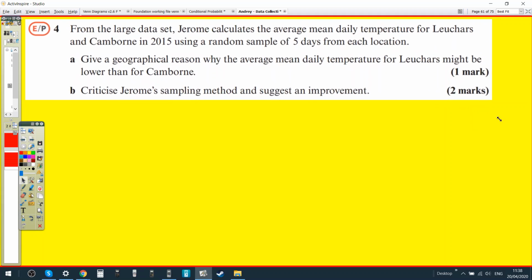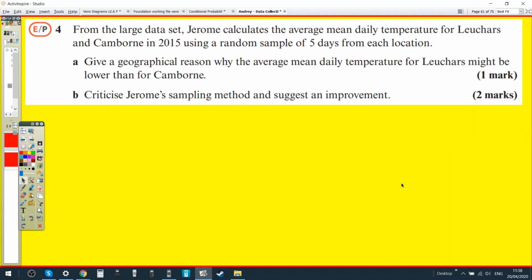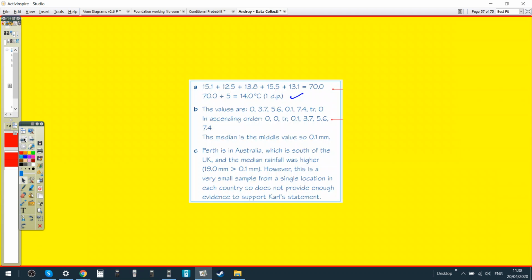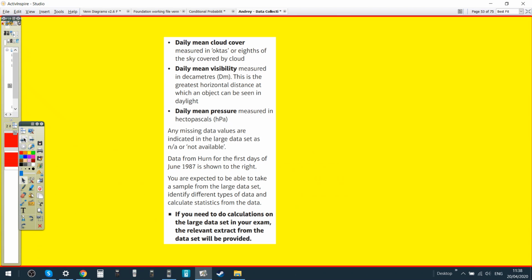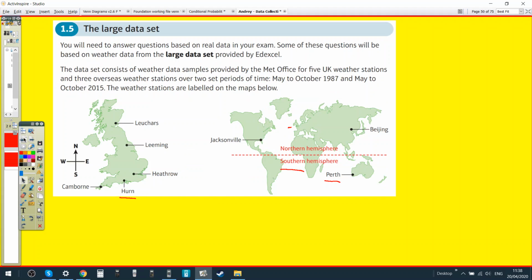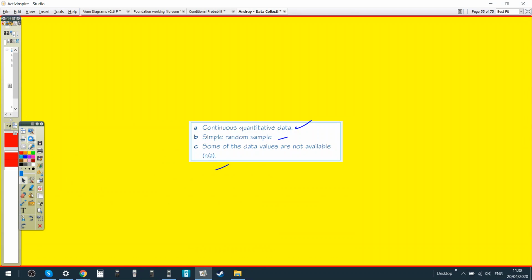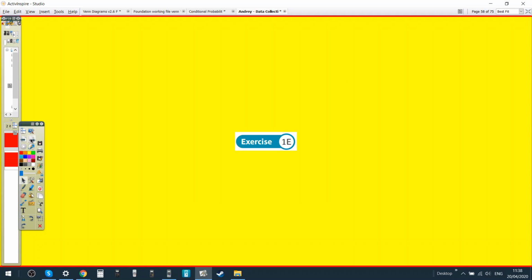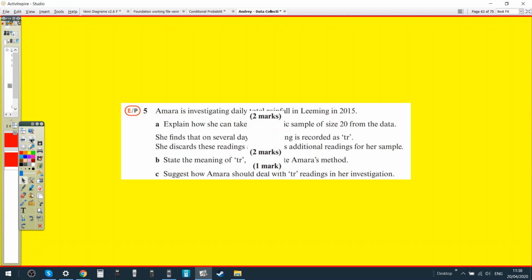Let's see this one. Lerwick and Camborne. I don't know how it's pronounced. Okay, so Lerwick, is it up in Scotland maybe? And then Camborne, so up north and down south, northeast, southwest.